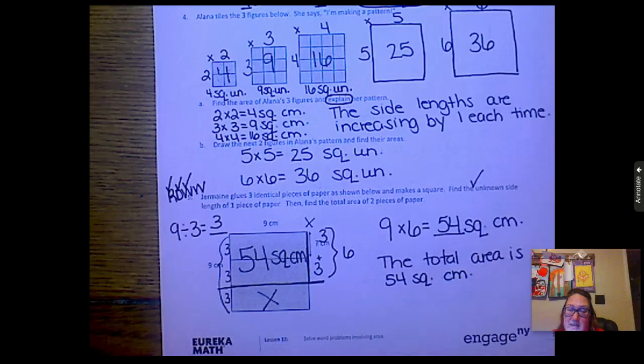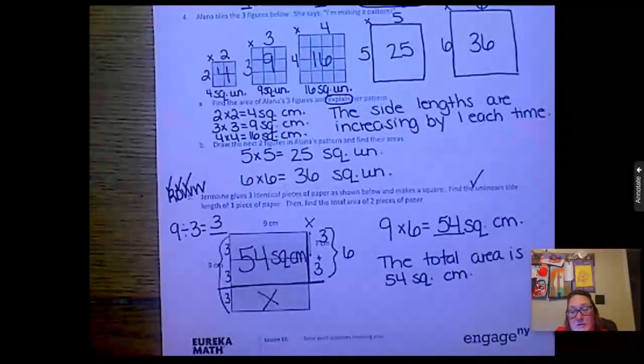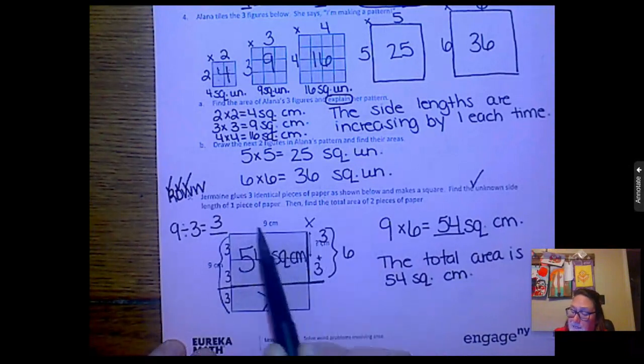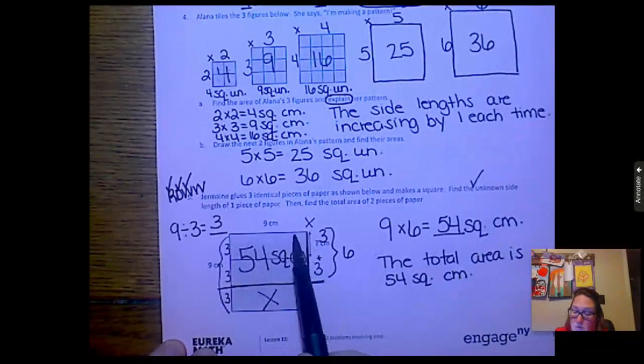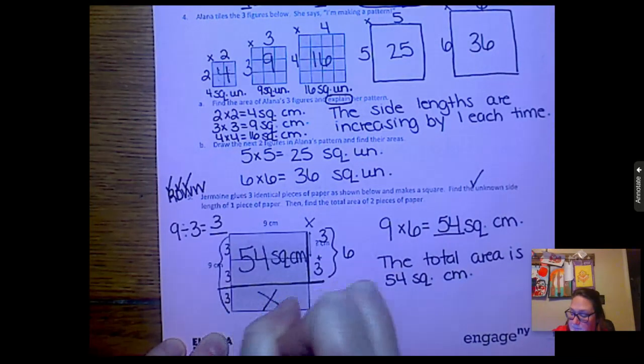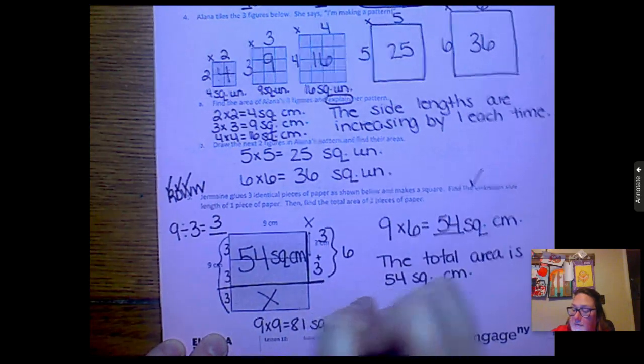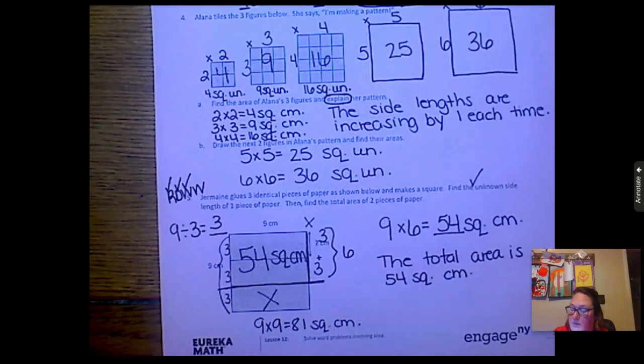And can I show you something else real quick? So that wasn't the only way that we could solve this, and maybe you even already thought of this, but we would know that if we think of this whole rectangle, right, 9 times 9 equals 81. So the area of this whole thing would have been 81, okay?